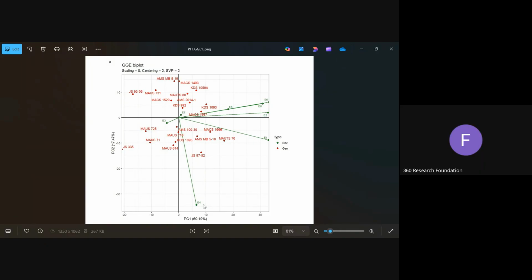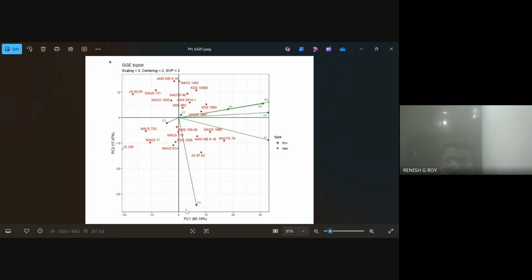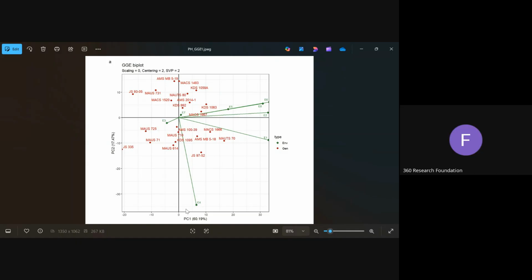This environment E6, E8, E4, we can say these environments are highly variable, drastic kind of, not stable. The difference is more, so that means they have strong discriminatory ability.